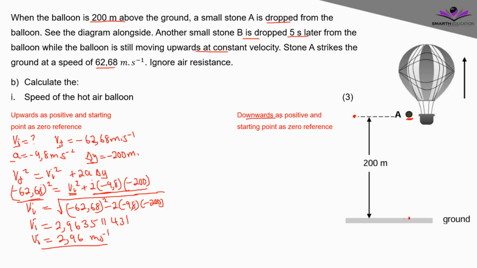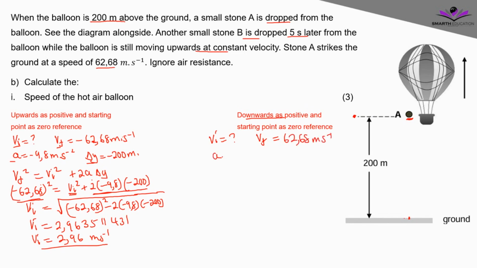If we take downwards as positive, the calculation will be just the same, but now the initial velocity we're still looking for, and our final velocity is going to be positive. There are many options for doing these calculations, so remember that we may do our calculations differently and get these answers. So 62.68 meters per second.